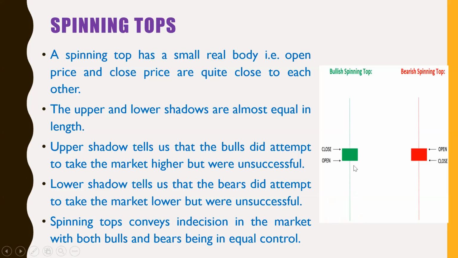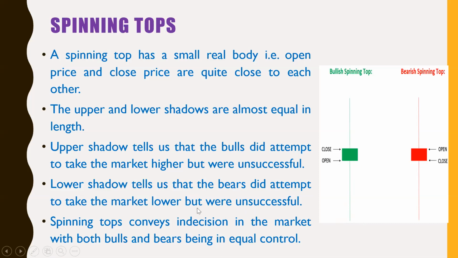So the lower shadow, in case of bullish or bearish, clearly gives the same message: buyers are in control, and they pushed back from the low at least up to the open or close price. The lower shadow tells us that the bears did attempt to push down but were unsuccessful.